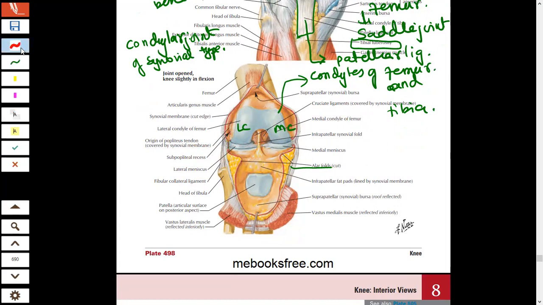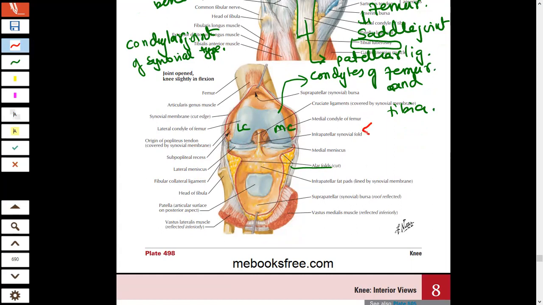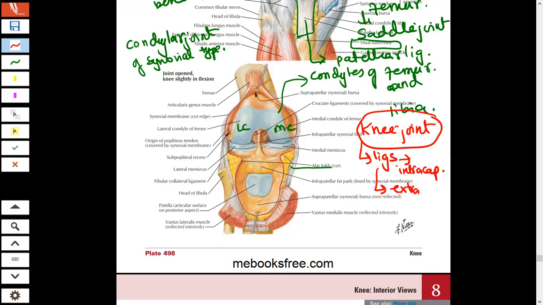So whenever you are writing the knee joint, see here, there are some ligaments which are intracapsular, and there are some ligaments which are extracapsular. Okay, so some ligaments are intracapsular, some ligaments are extracapsular.